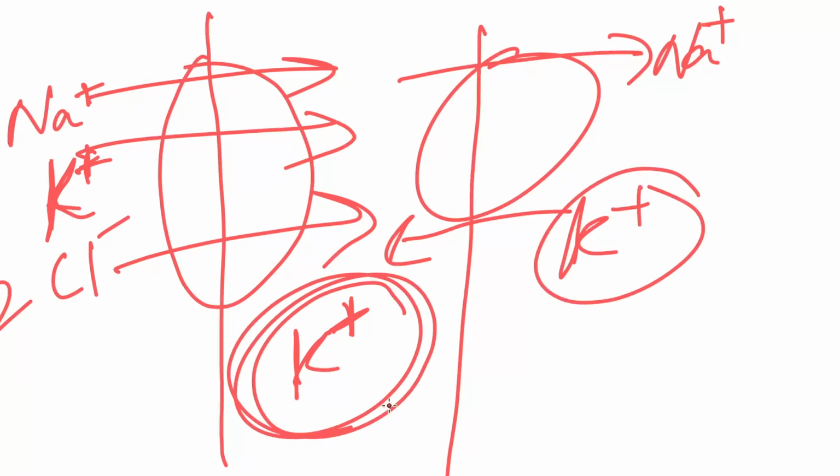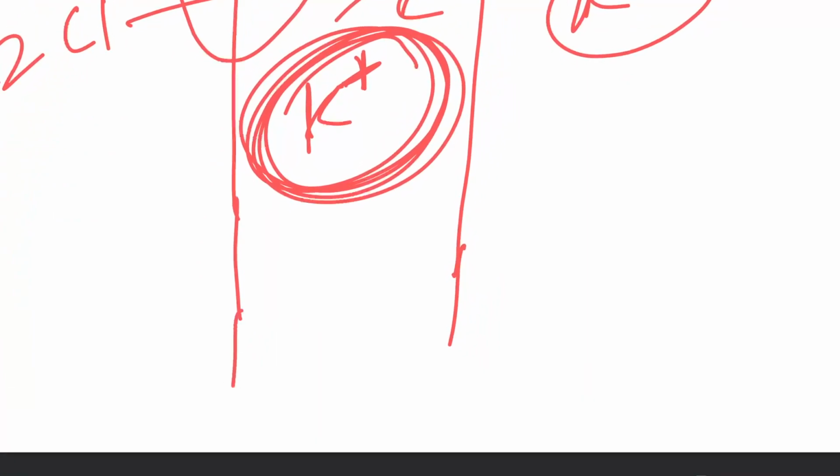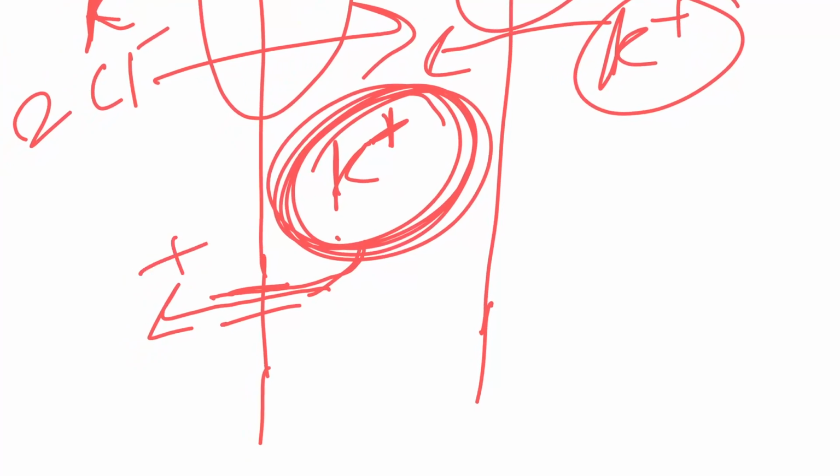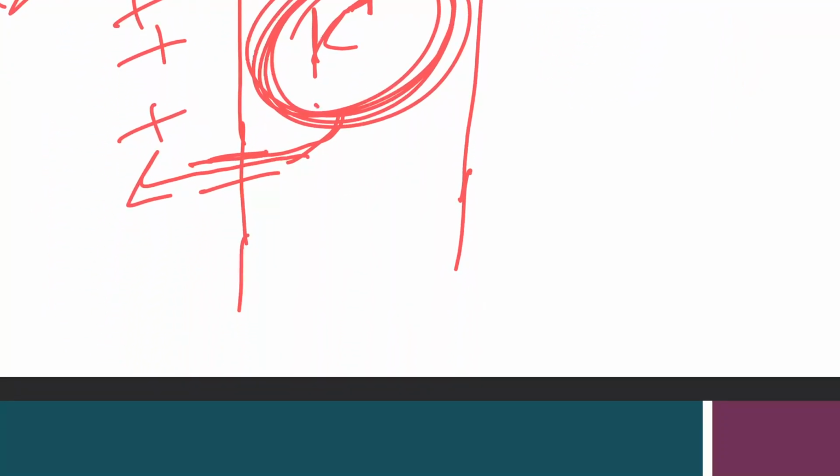All of the potassium comes into the cell. Now it leaks out, because there is so much potassium. Potassium is a positive ion, so it causes positivity in the lumen.